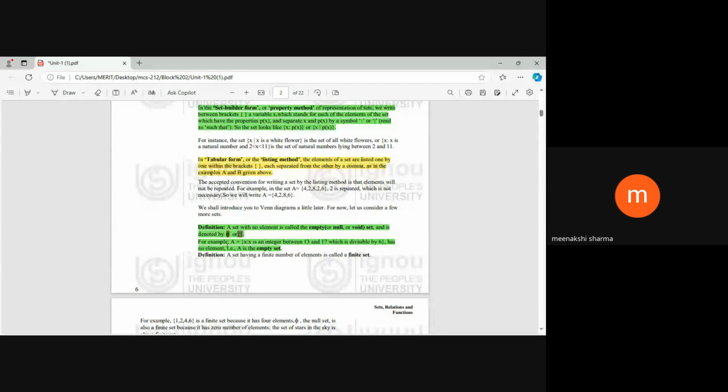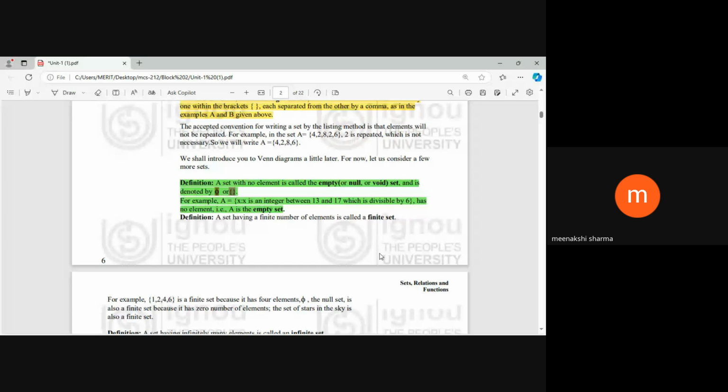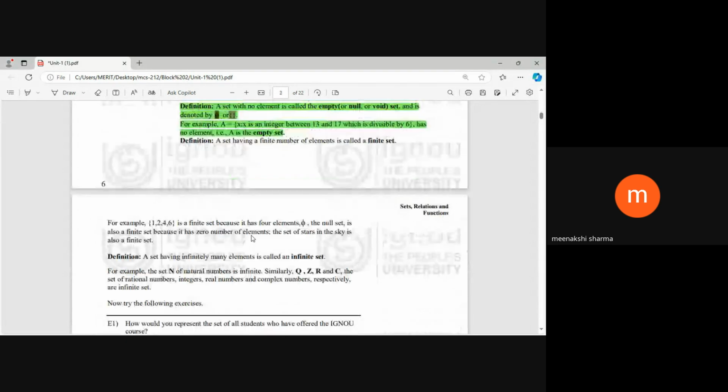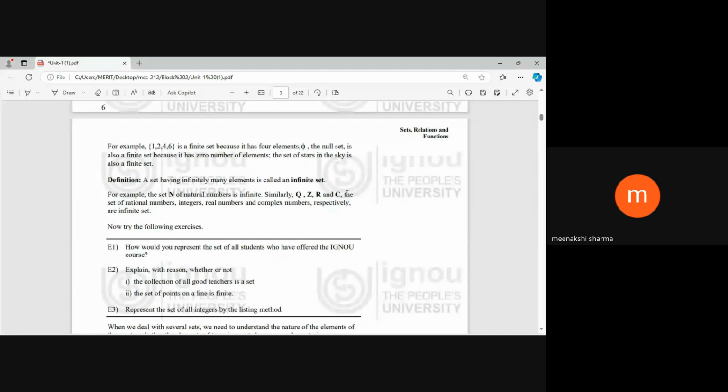Both of these symbols are empty set symbols. This is called a finite set.